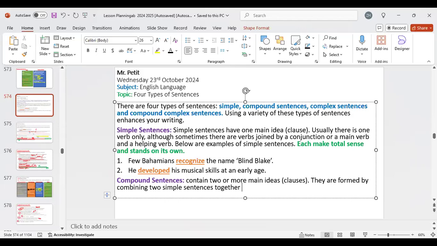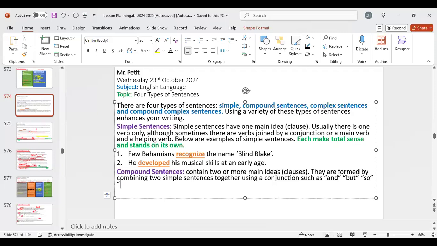By using a comma and a conjunction, such as what? And, but, or, so, also, for, and yet.